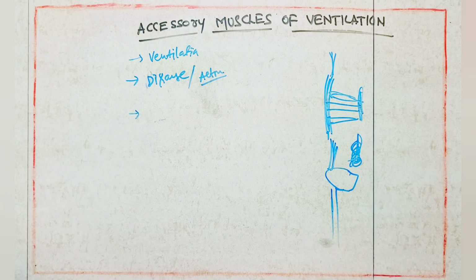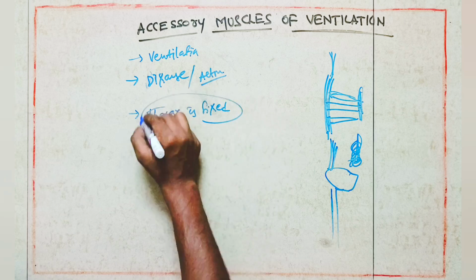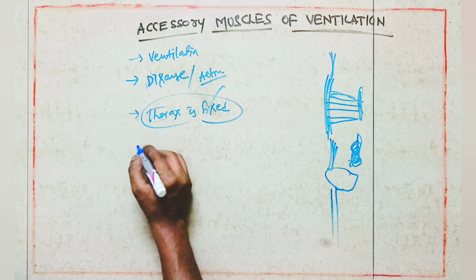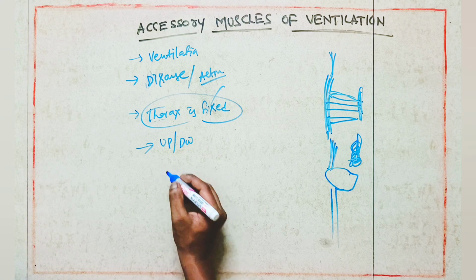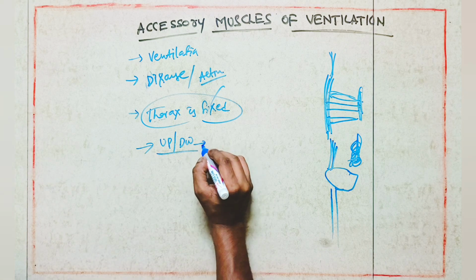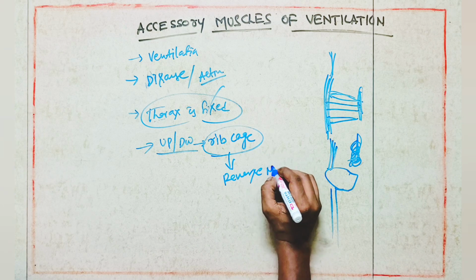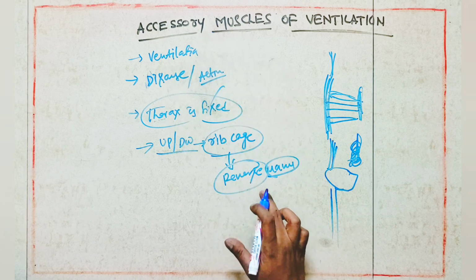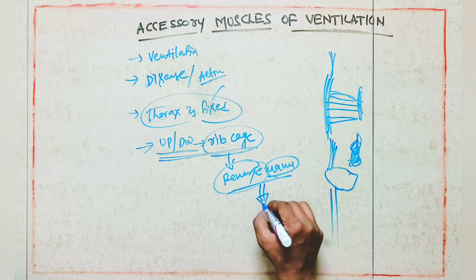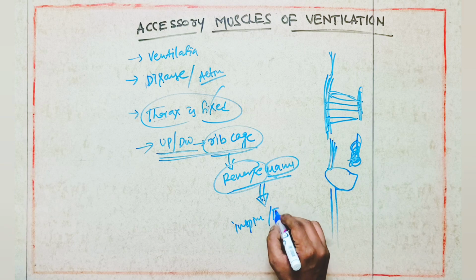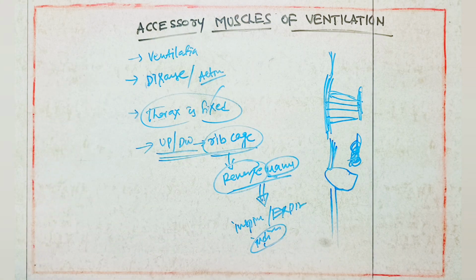Now, when the thorax is fixed, the accessory muscles create upward and downward movement of the rib cage in a reverse manner. It creates inspiration and expiration indirectly. That's why these muscles are called the accessory muscles of ventilation.